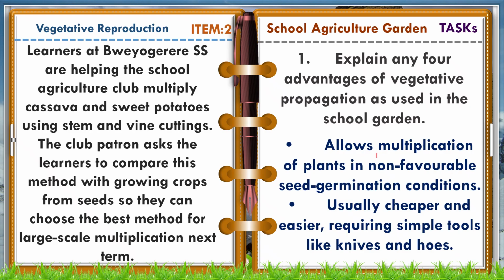They allow multiplication of plants in non-favorable seed germination conditions. They are usually cheaper and easier, requiring simple tools like knives and hoes.